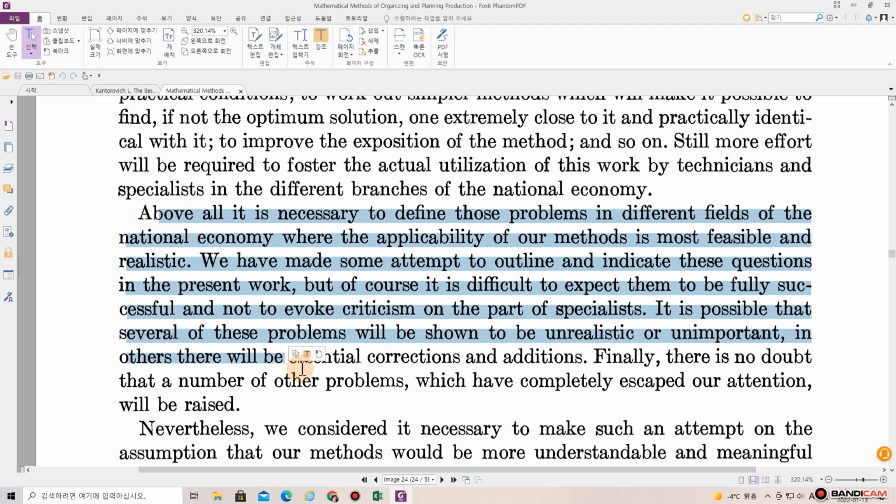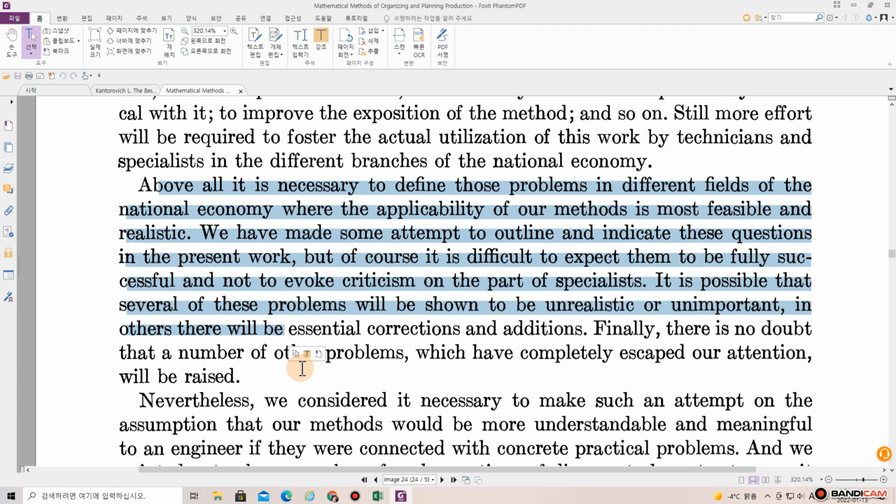Above all, it is necessary to define those problems in different fields of the national economy where the applicability of our methods is most feasible and realistic. We have made some attempt to outline and indicate these questions in the present work, but of course, it is difficult to expect them to be fully successful and not to evoke criticism on the part of specialists.